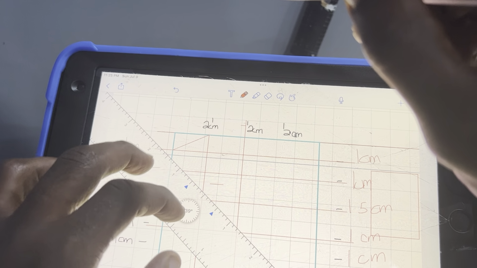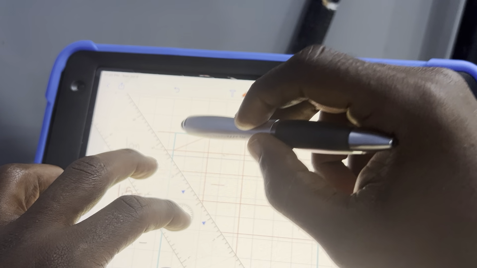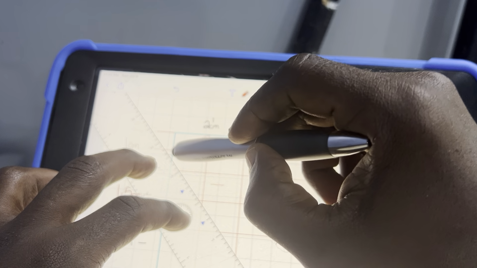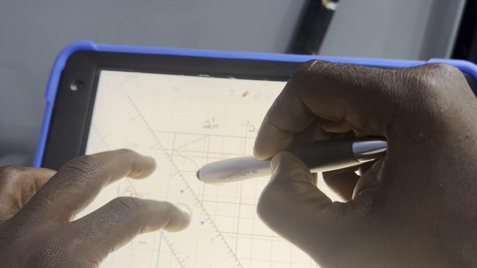And then same here. This is just going to be easier for me to do it this way.